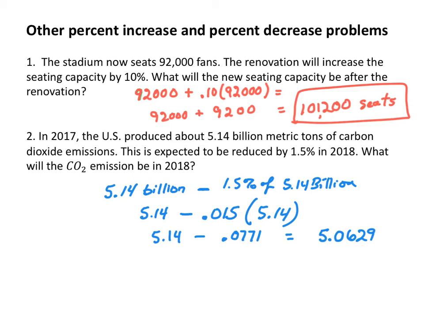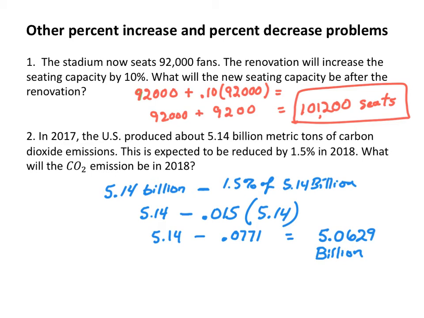And I have one more thing that I have to write here on this number 2, and that is the word billion. So when I did the calculations, I did not actually take 5.14 billion and turn it into 5,140,000,000.